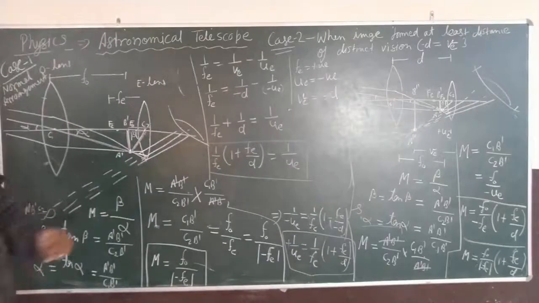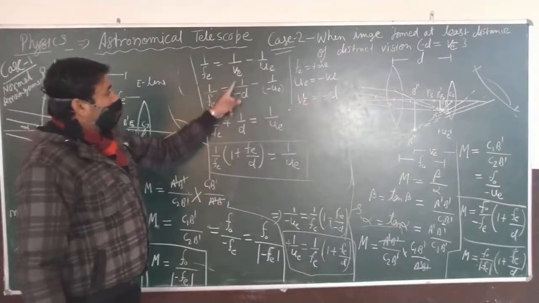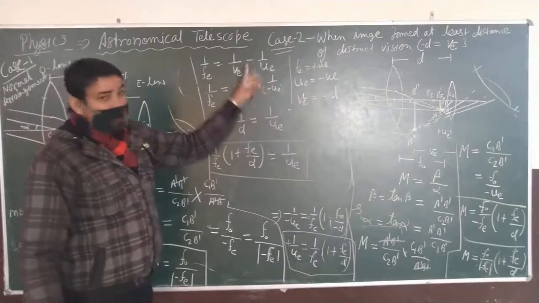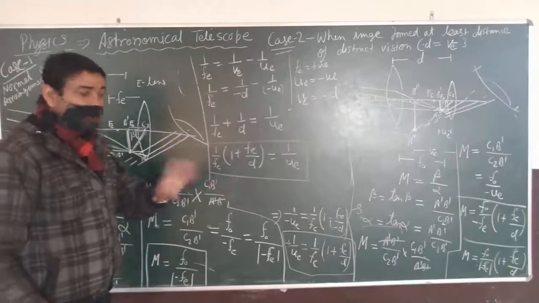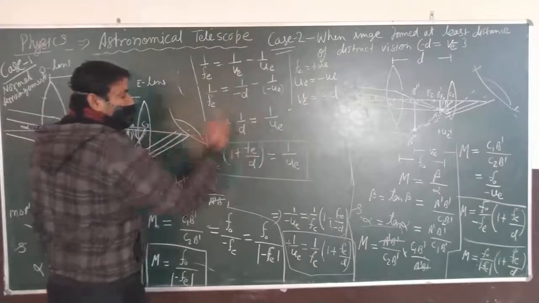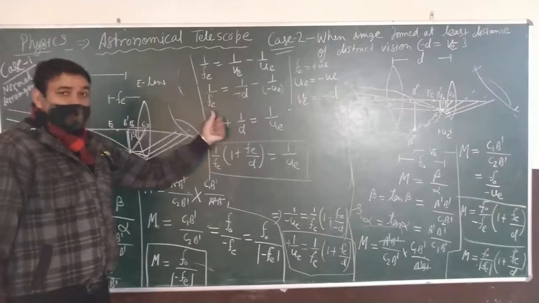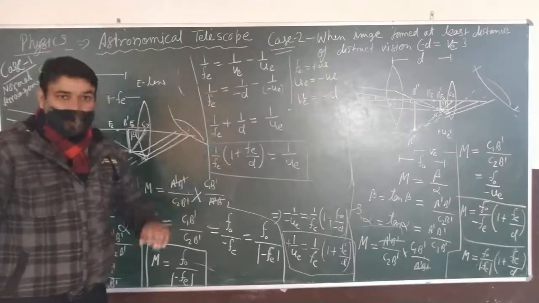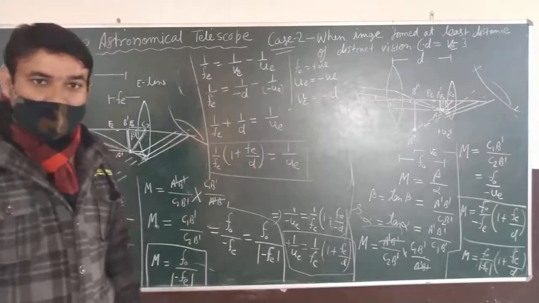Clear? Now, by putting all these values, 1 upon Fe is equal to 1 upon minus D and this. Now, this minus multiplied with this will become positive. We are using here positive. And this 1 upon minus D substituted on the left side will become positive. On solving this, we get this result only. Okay?